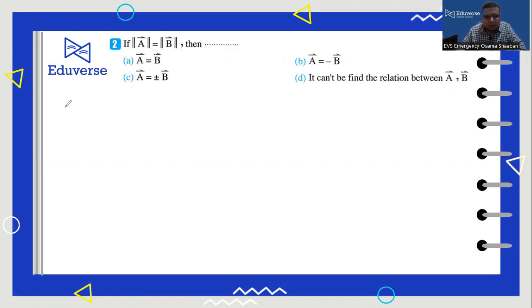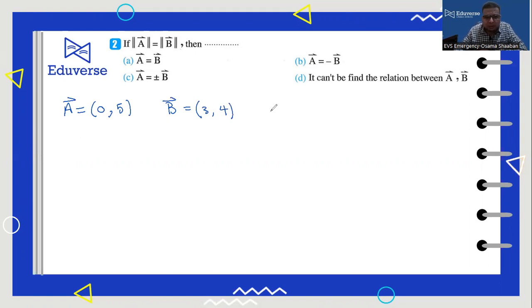Let's study an example. If you have A vector here is 0 and 5, and the B vector is 3 and 4.